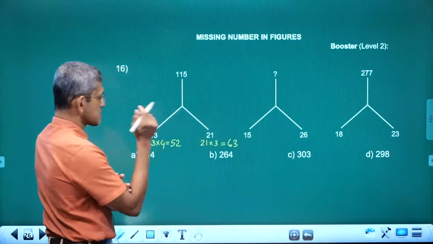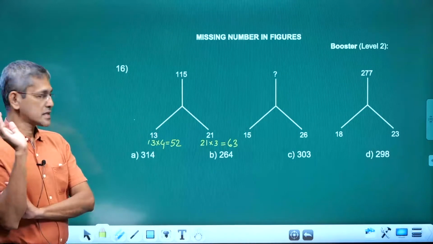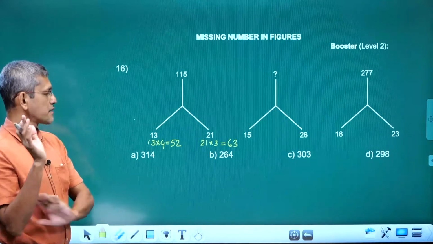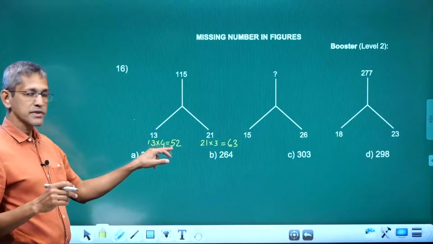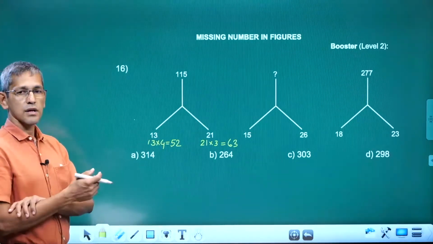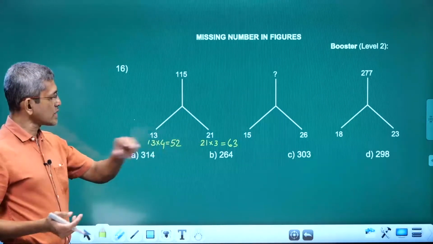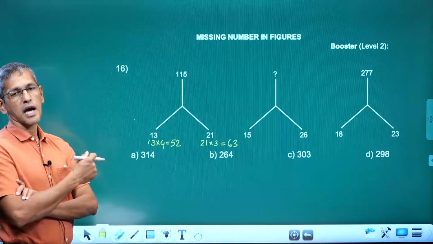So 63 plus 52, what is that? 60 plus 50, 110. So 2 plus 3 is 5, 115. So now the question is, why do we multiply 13 with 4? And why is this 21 multiplied by 3? What's the reason behind it?